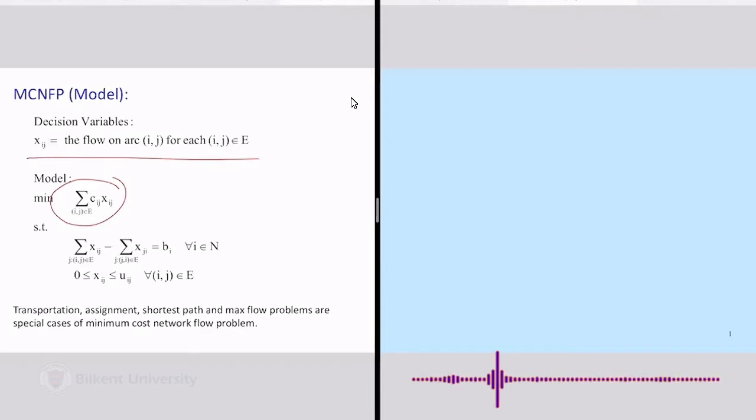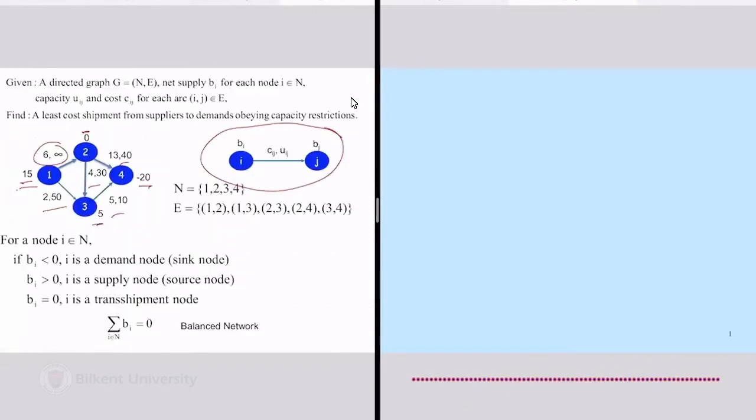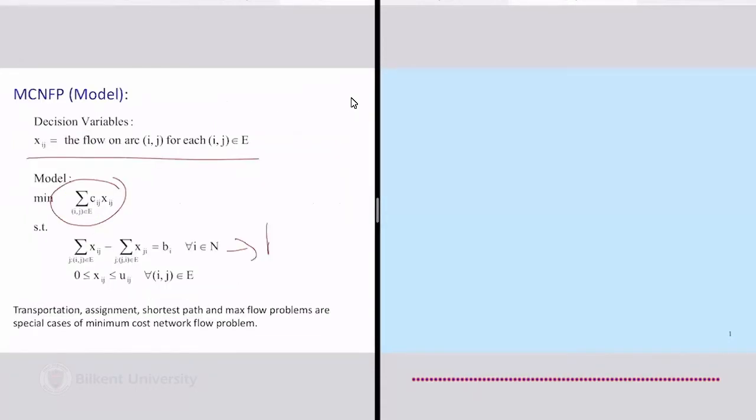Now, what is the thing I have to satisfy? What is the dynamics of my environment that I should represent in my mathematical model? I have to make sure that I'm sending my supplies because there is demand out there, and I have to make sure that my demand is satisfied, right? This constraint is called flow balance. For each node i, you're supposed to write this constraint.